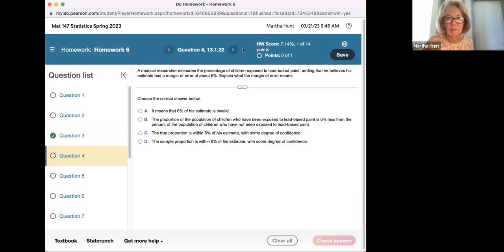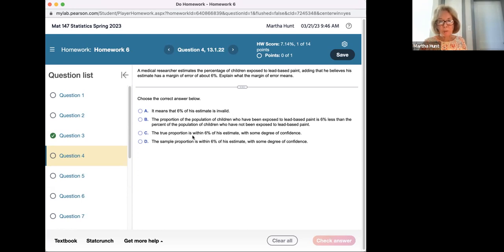What about problem number 4? A medical researcher estimates the percent of children exposed to lead paint, and the margin of error is estimated to be 6%. What does this mean? It doesn't mean the 6% estimate is invalid.